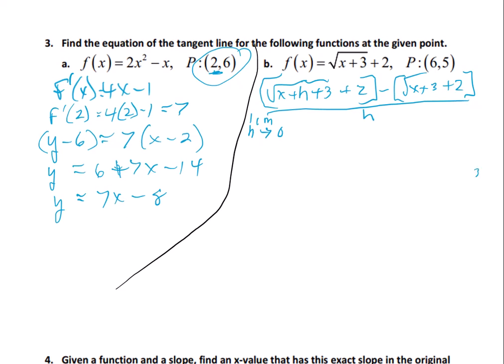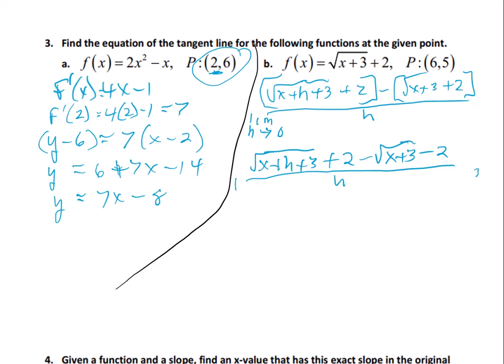Okay, when I remove parentheses, I've got square root of x plus h plus 3 plus 2 minus the square root of x plus 3 minus 2. All that's over h. Let's see if anything cancels.